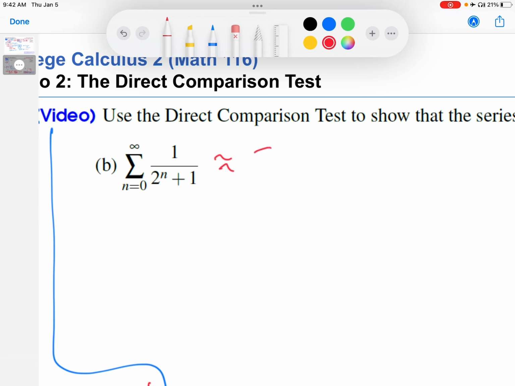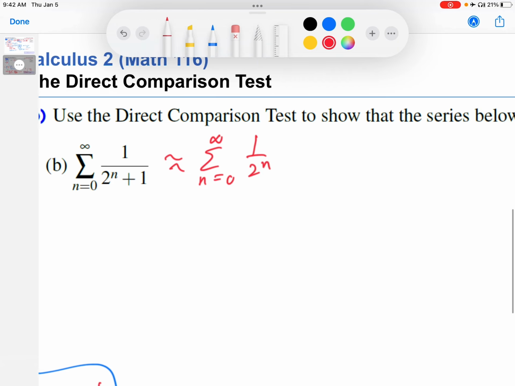So we're going to compare this series here to the sum from n equals 0 to infinity of 1 over 2 to the n. This is, by the way, the same comparison that we did in video 7.1 in this series. That was a video about the limit comparison test. So very, very similar to the direct comparison test, but a little different.